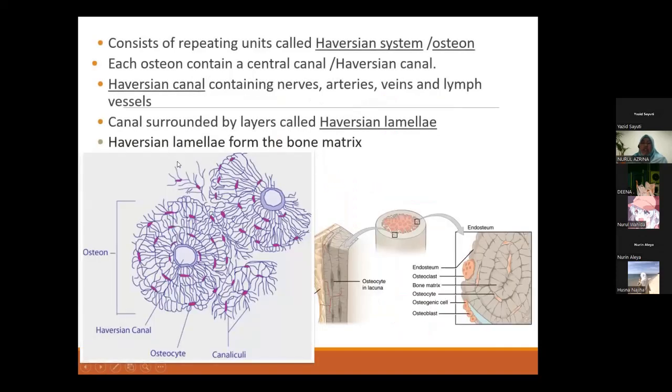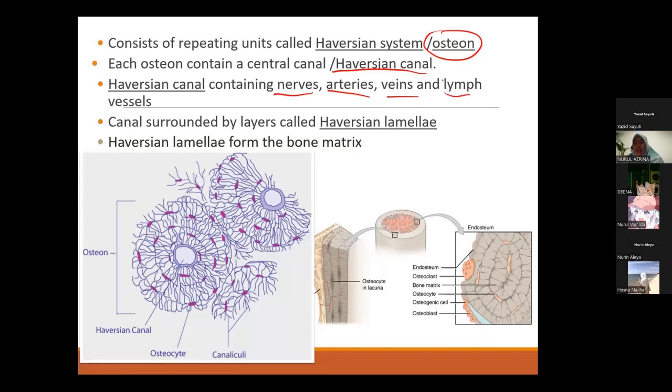Okay, now let's go to the detail. Okay, so bone consists of repeating units that we call as Haversian system or osteon. Each osteon has a Haversian canal. All right, the Haversian canal contains nerves, arteries, veins, and lymph vessels.